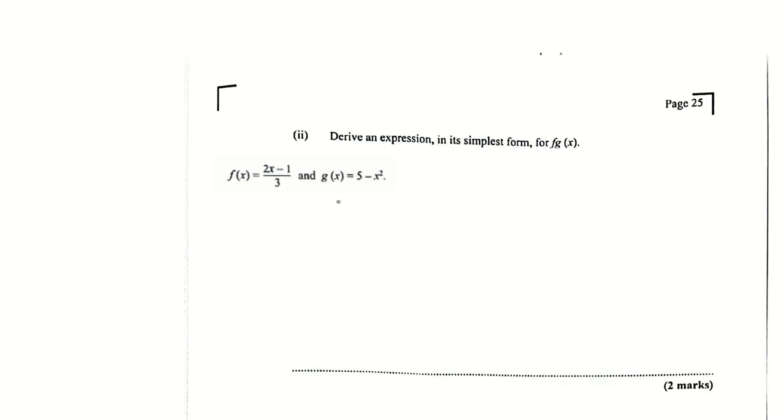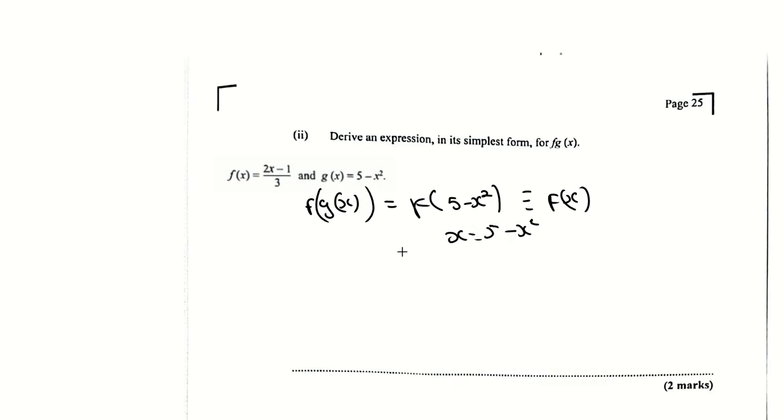So they want fg of x, which we can clearly see is a composite function because it is made up of more than one function. So fg of x, remember I like to tell you, separate the two functions. So this will turn into f, instead of g of x, you put 5 minus x to the power of 2, right? So now, if you compare this with f of x, we can clearly see in that function x is equal to 5 minus x squared.